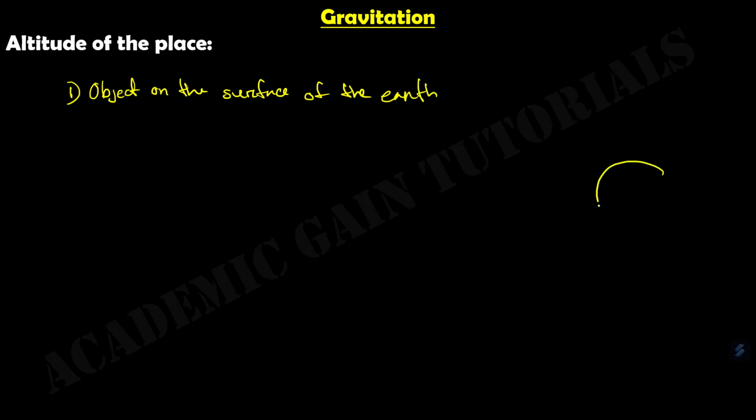Suppose this is our earth and this is the center of our earth, C. The distance between the center of the earth and the surface of the earth is R, and this is our body which has mass m, and the mass of earth is capital M. So in this case our gravitational acceleration equation is g equals to GM by R square.